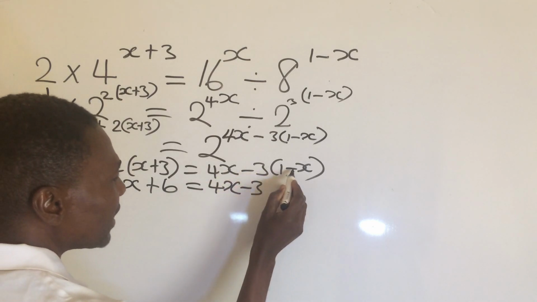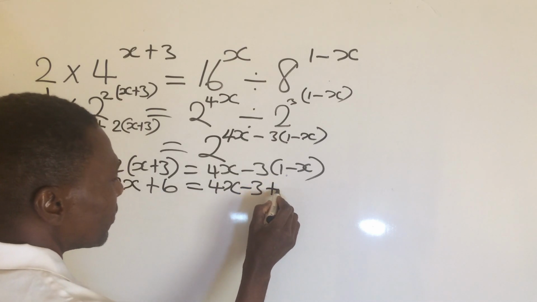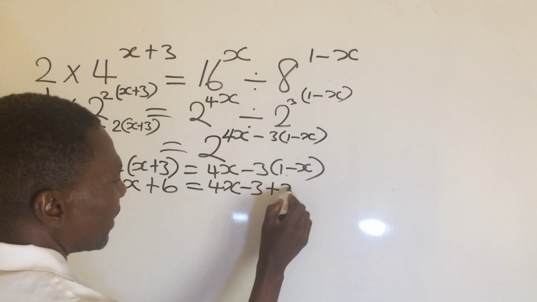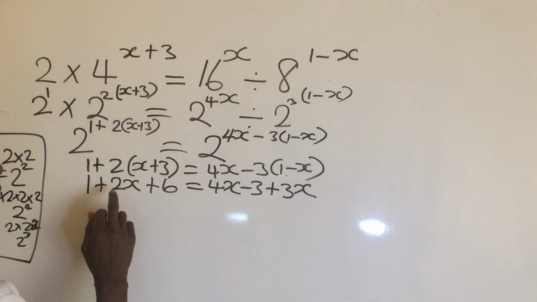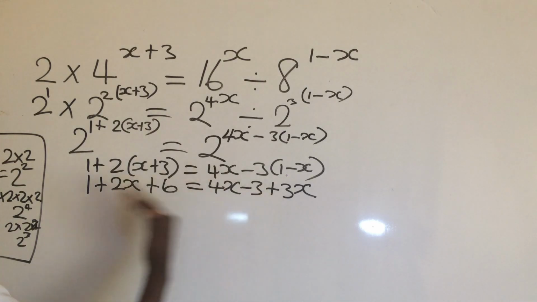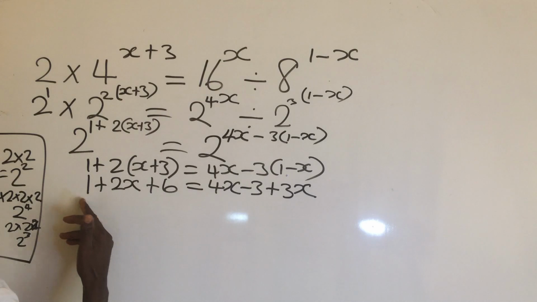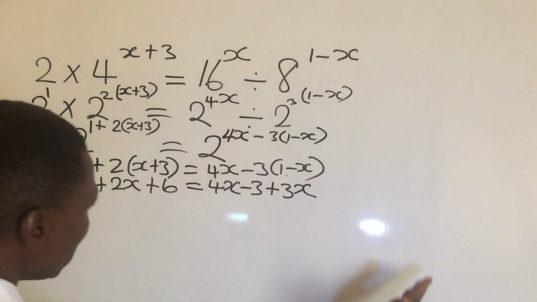Then minus times minus is plus, then 3 times x is 3x. Now continuing our solving, let us collect like terms. All the terms with letters, let them come one side, and the ones without letters, let them go this side.